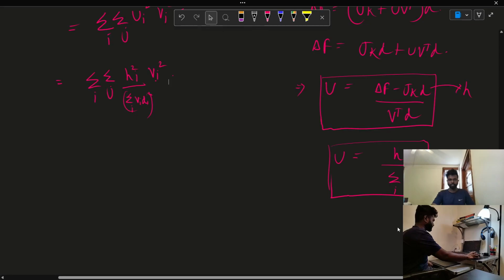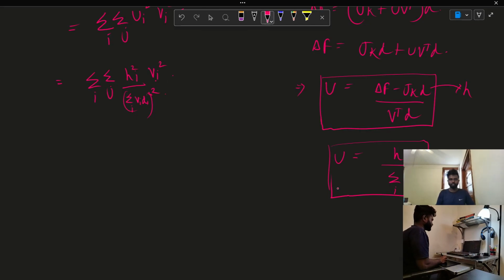Yes, that's correct. So these are two terms: summation over i of v_i d_i, whole squared, and this term, summation over i of h_i squared and v_i squared. Now we're going to take the partial derivative of this.